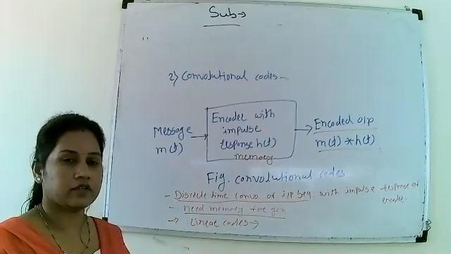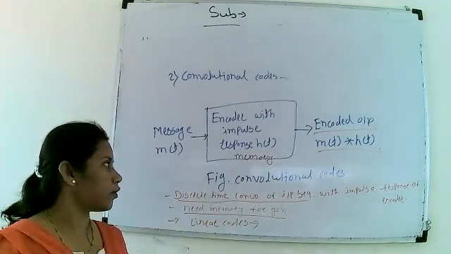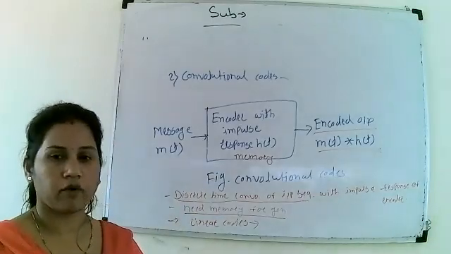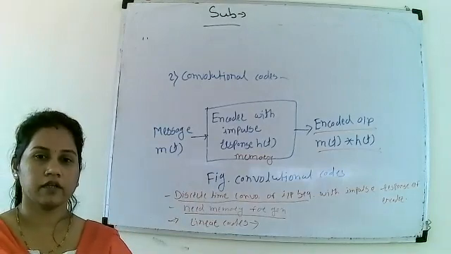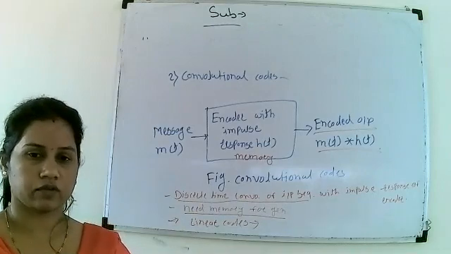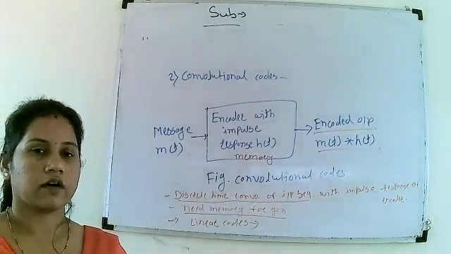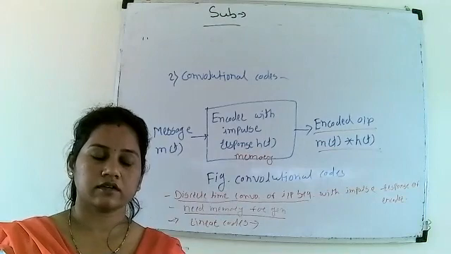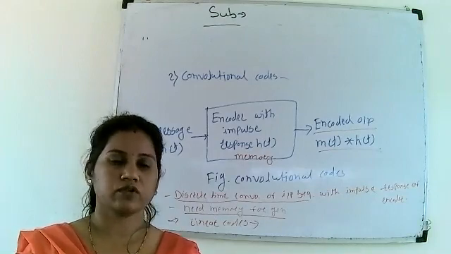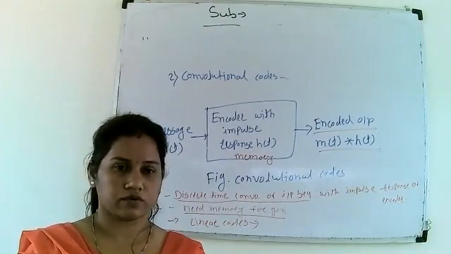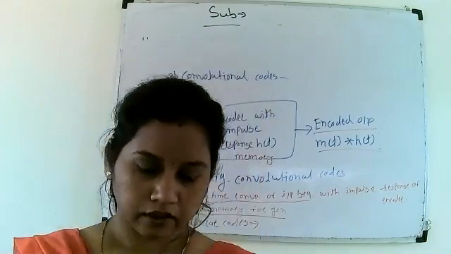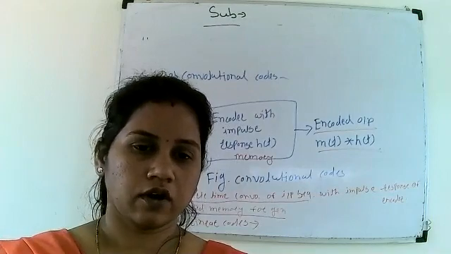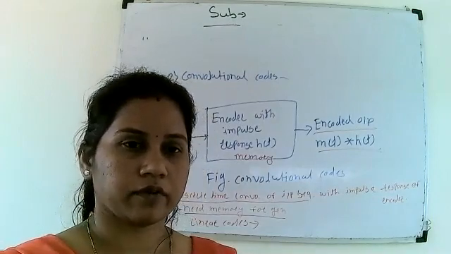At the output of this encoder we get the encoded output in the form of m of t into h of t. Both the convolutional code and the block code are linear codes. So these are the classification of the error correcting codes. So today we will stop here.